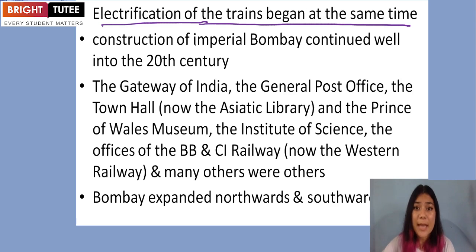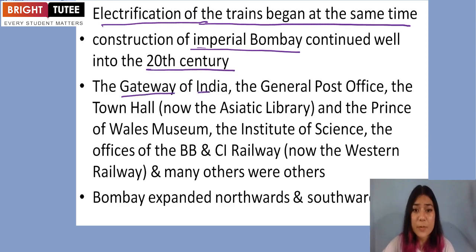And there was construction of Imperial Bombay, which continued from the 19th century to the 20th century. Let's look at some of the buildings that were built in the 19th century and continued in the 20th century.